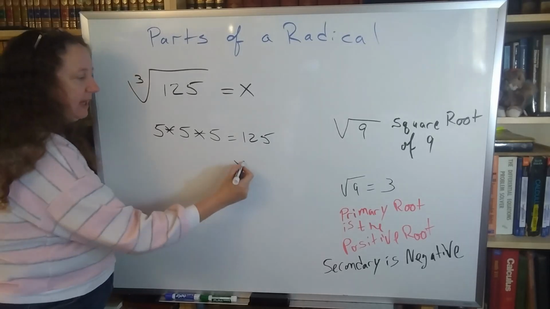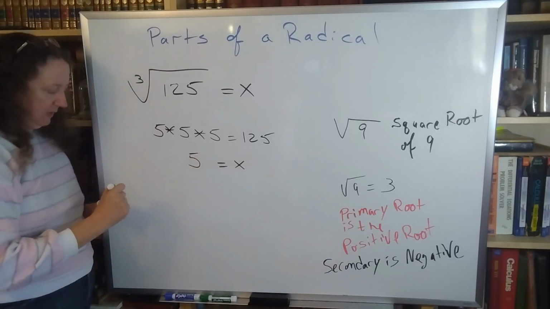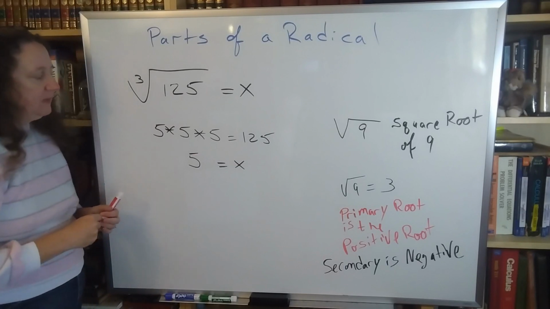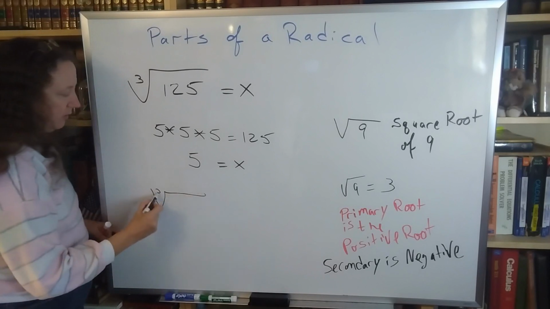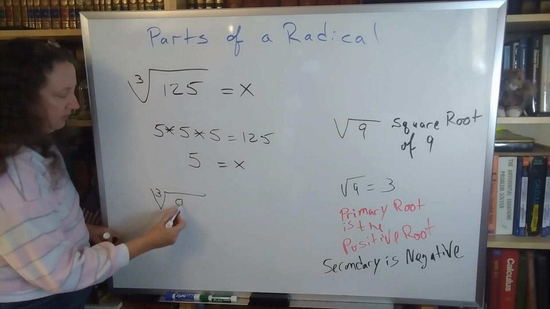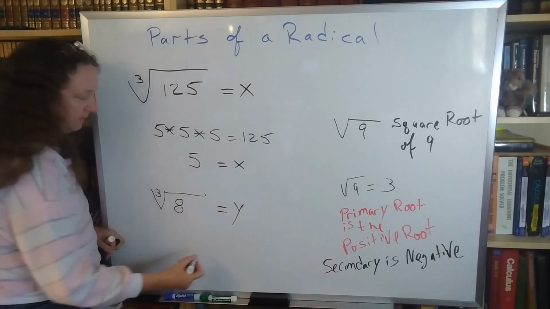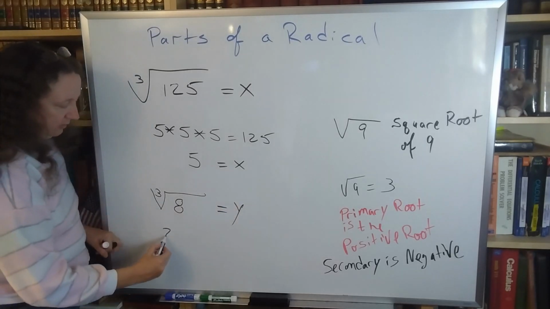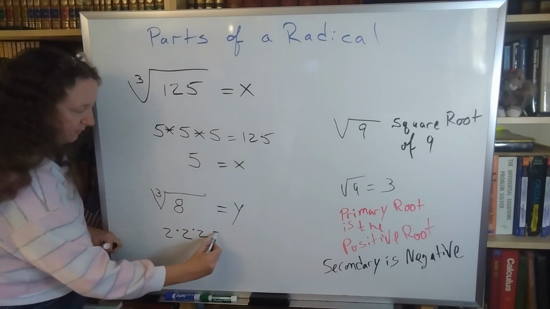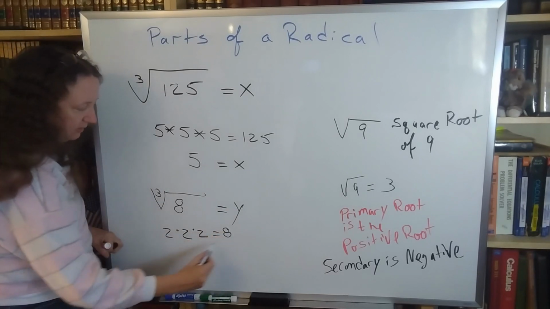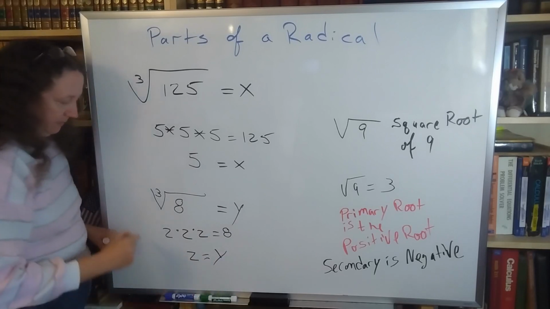So this is telling me that x is 5. What number times itself 3 times is 8? So you go 2 times 2 times 2 is 8. So therefore, my answer is 2.